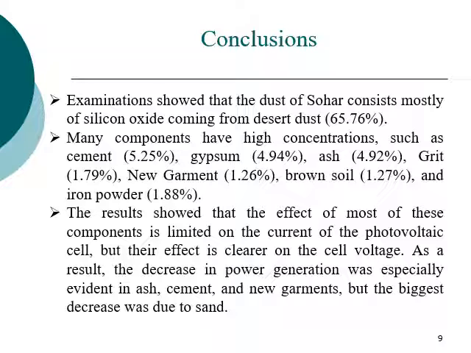But we can see that maybe ash is the main emission in Sohar because there is the Sohar industrial area. There are many factories working there, more than 100 factories. There is a power plant. There is a road, a highway, transportation, and as a result, the effect of most of these components is limited on the current, but it's clear on the voltage, which is reflected on the power and then efficiency.